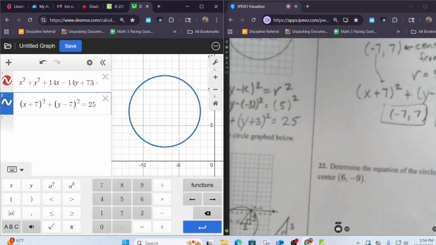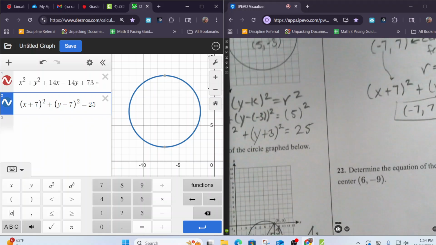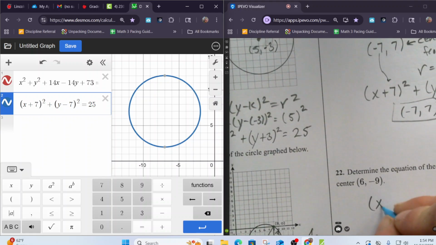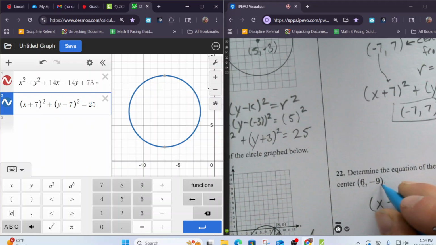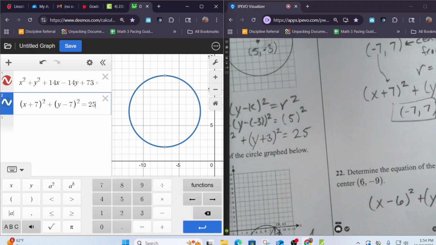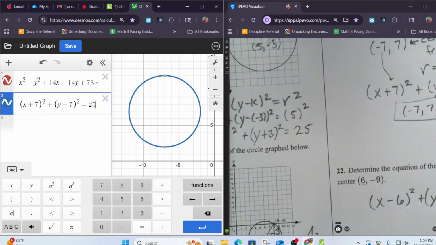Determine the equation of a circle with a radius of 9 and a center of (6, -9). So I know it's going to be x, the opposite of that would be -6, plus y, the opposite of -9 would be +9, equals the radius squared.